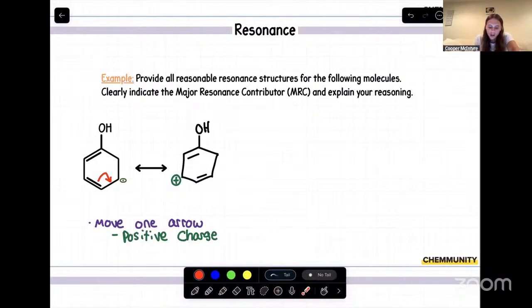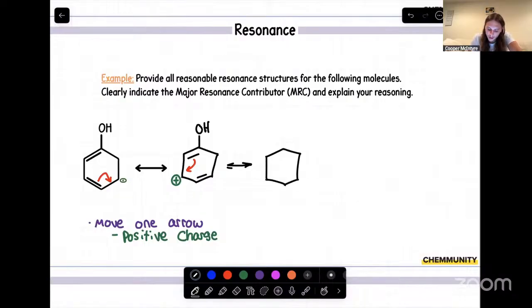We do. We have this pi bond over here, which we can go ahead and move towards that positive charge. And by doing that, we now create a new positive charge and a new pi bond. Perfect. And then we'll go ahead and include our positive charge.